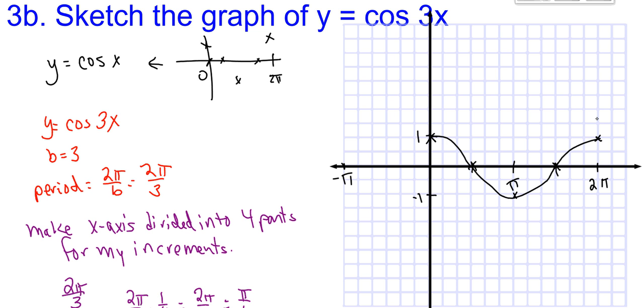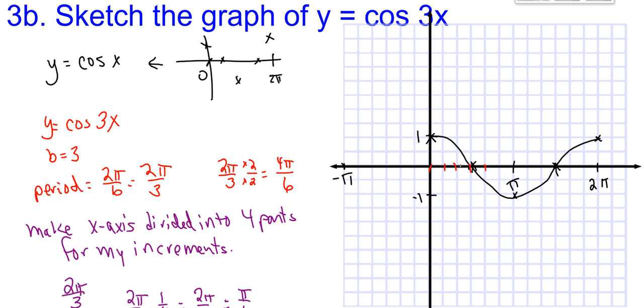That's the plain cosine. Now I'm going to go to red and I'm going to say, okay, the period is 2 pi over 3, but remember 2 pi over 3, because I made it into sixths, when I multiply these by 2 over 2, I get 4 pi over 6. So that means, and I'll write this in red, but then I'm going to get rid of it, these are sixths. 1, 2, 3, 4.